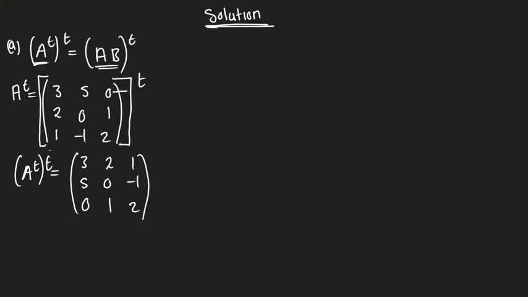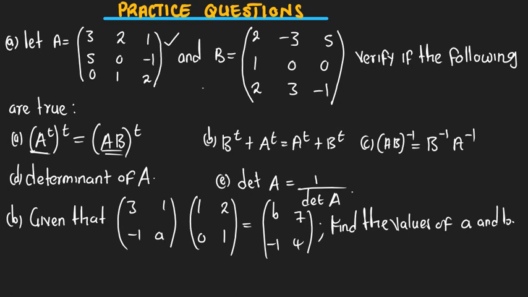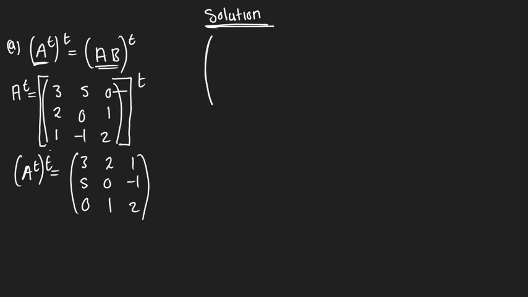They are saying that we can now work out this part, AB. So AB, let's get the matrix of A original. A original is 3, 5, 0, 2, 0, 1, 1, -1, then 2.